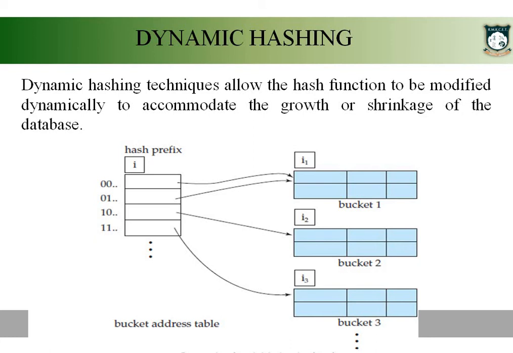In that result, the number of bits I use to identify the bucket is 3 bits. The first 3 bits I will use to identify the appropriate bucket. For example, if the first 3 bits are 101, then I will look for the bucket meant for 101, out of 6 buckets.